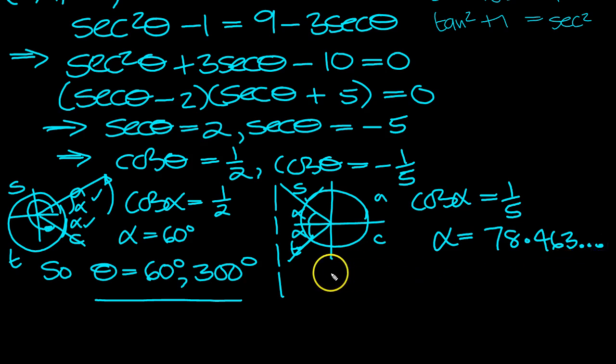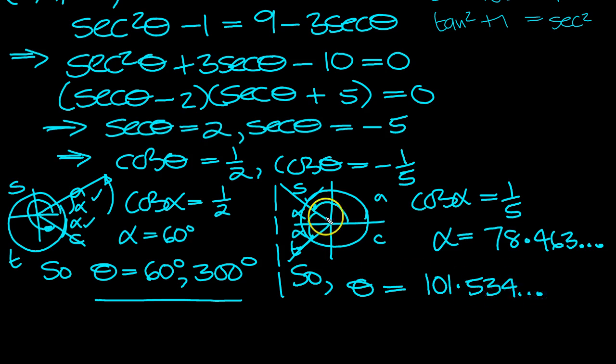Okay, so that tells us then that theta is equal to, round to here, 180 minus 78.463, which is 101.534, isn't it? And the other solution is right around to here, 180 plus 78.463, and that would be 258.463 degrees.